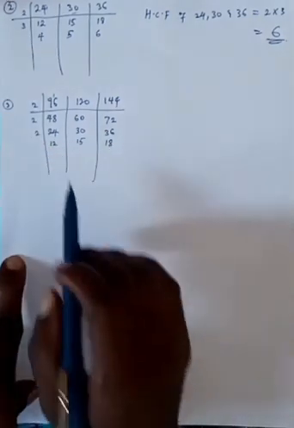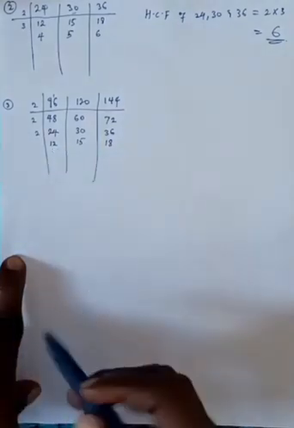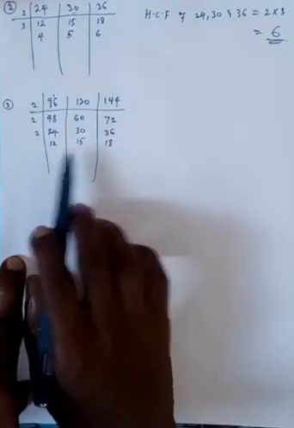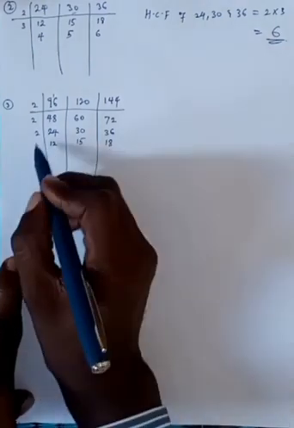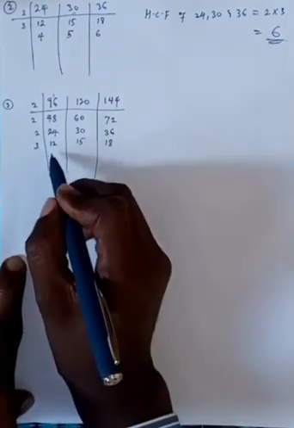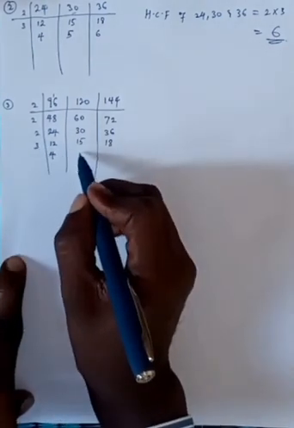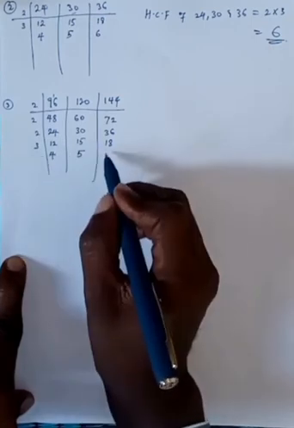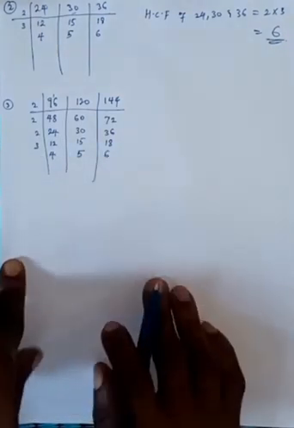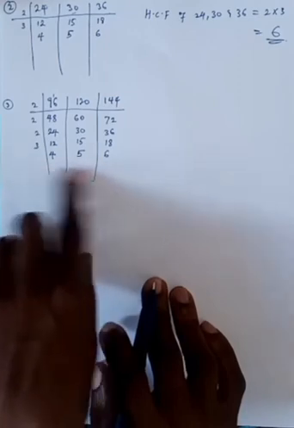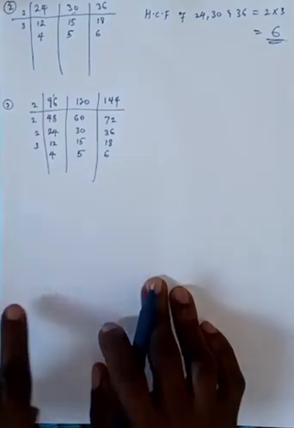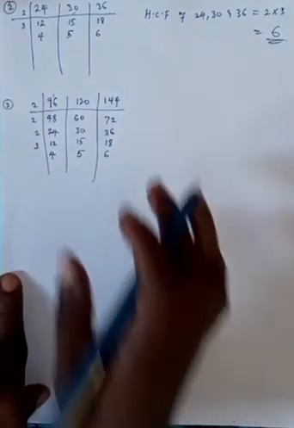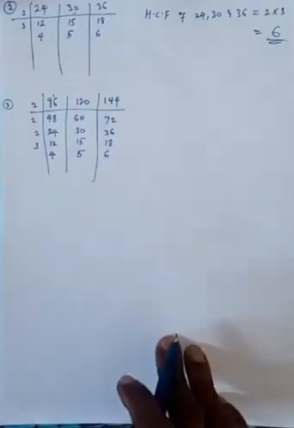Now the next number that can divide everything at the same time is what? 3. So 3 in 12, 3 can go here, 3 can go here, so I'll make use of 3. 3 in 12 here gives 4, 3 in 15 here gives 5, and 3 in 18 here gives what? 6. So when we observe this very well, we can see that none of these numbers has any common factor, and as a result this is going to be our stopping point.